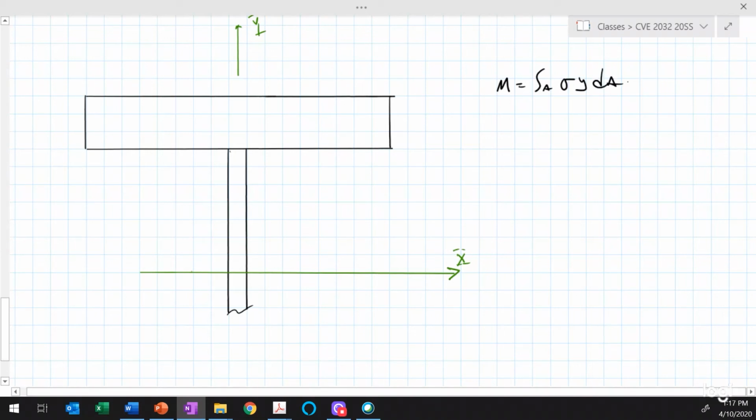So what is that area dA? So let me draw in green here. Since the stress sigma is not a function of the x direction, we could take that differential area dA as a strip or a stripe of area across the width of the flange.